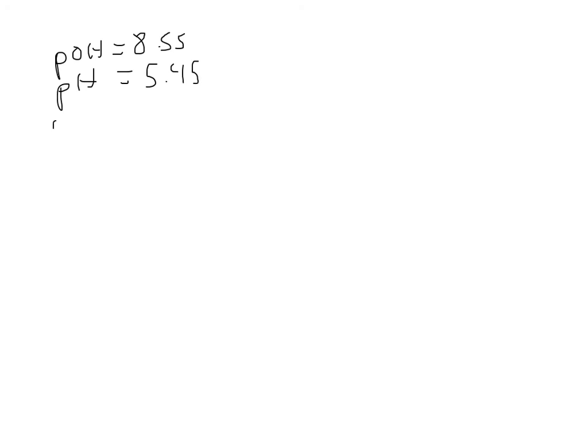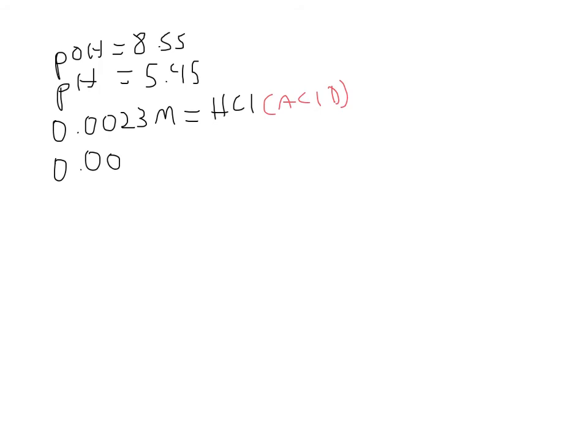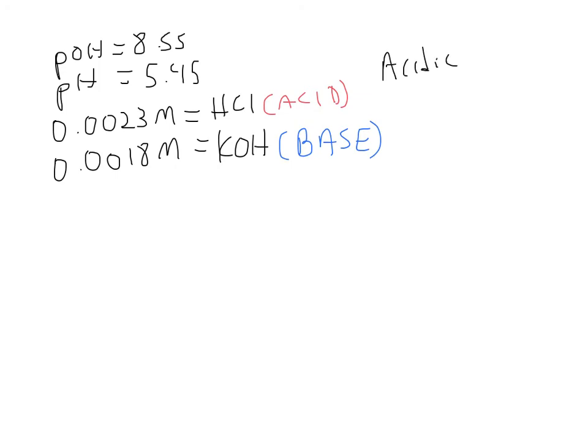And you're given a concentration of 0.0023 molarity of HCl, which is an acid. Then you're given a concentration of 0.0018 molarity of KOH, which is a base. And the question asks you, put these in order of most acidic to basic.